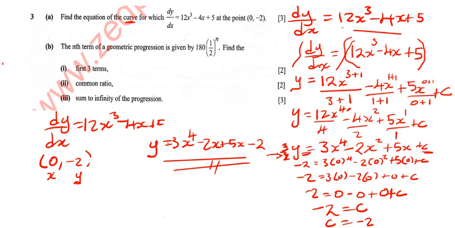So we found the value of c, which was equal to negative 2, and then we came here, we rewrote this equation, and where there's a value of c, we replaced with negative 2. So here we put a negative 2 there. I just forgot to put a squared there. It was supposed to be squared because this is squared here. So when we integrate, we had this, and then we found the value of c, and then we just rewrite this, and where there is c, we replace with the value that we found. I hope I've answered your question.